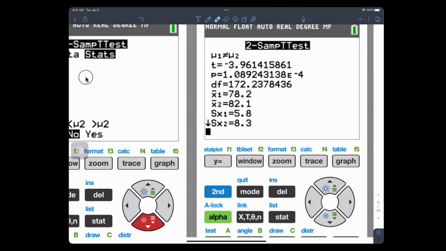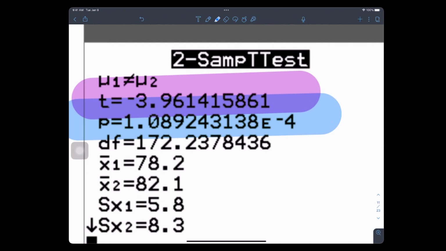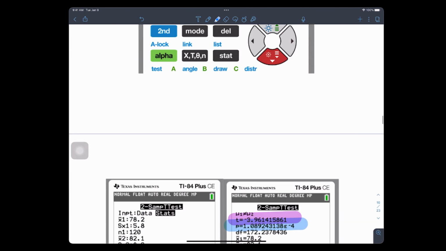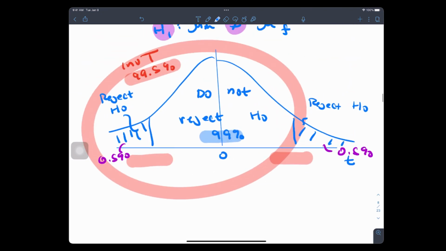What's your p-value? See this? Yeah, here we go. Test statistic, what? Here. What's the p-value? Here. Negative 3.96 and 1 point. It's actually approximately 0 here. So I wrote that down, negative 3.96. If you want, you can either look at this picture or look at the original one.